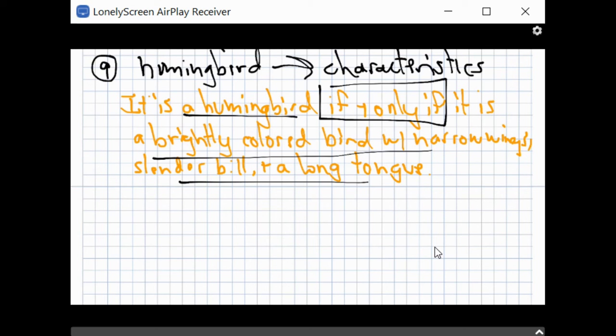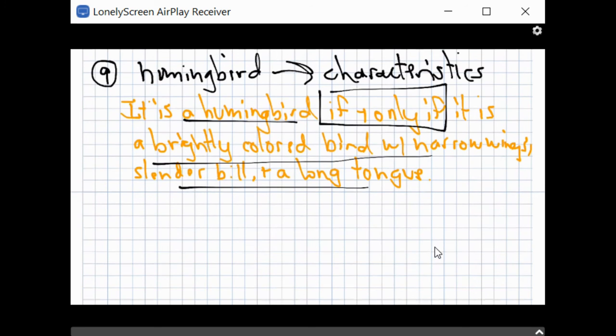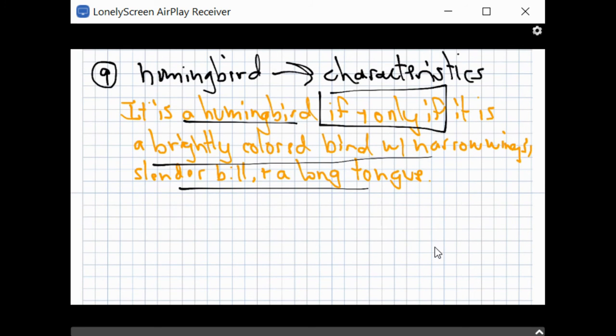So let's move on to the last one I'm going to work through with you, because most of the other ones through 19 are very similar to these. Let's look at 27, where we have to evaluate a definition based on our knowledge of biconditionals. 27 reads, we have to explain why the statement is not a definition.